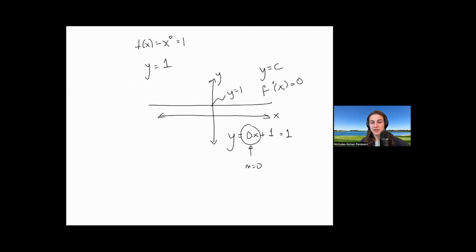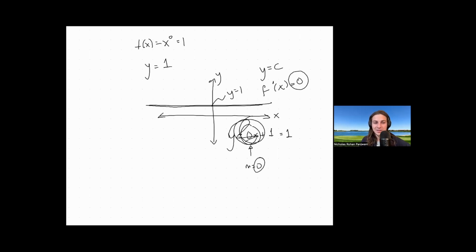So just so you understand that fully, anytime you have a constant, a straight horizontal line, right? So whether it's y equals 1 or y equals 10 or y equals negative 38, the derivative of all of those horizontal lines, all of those constants is going to be 0.